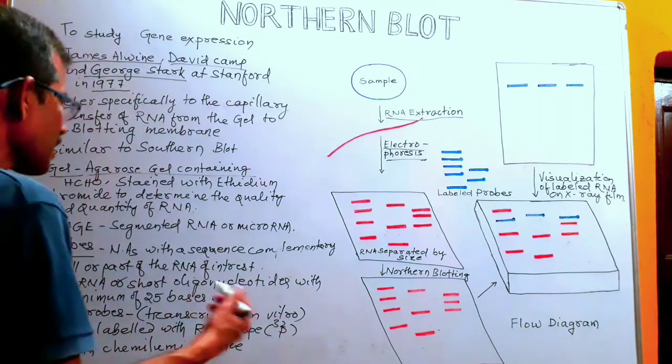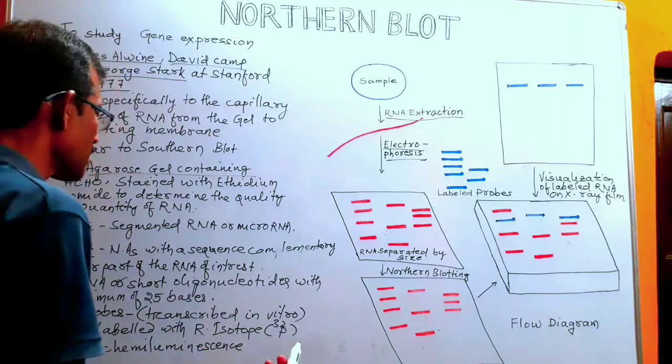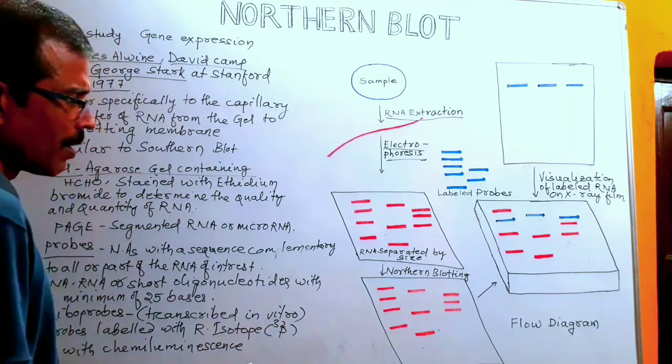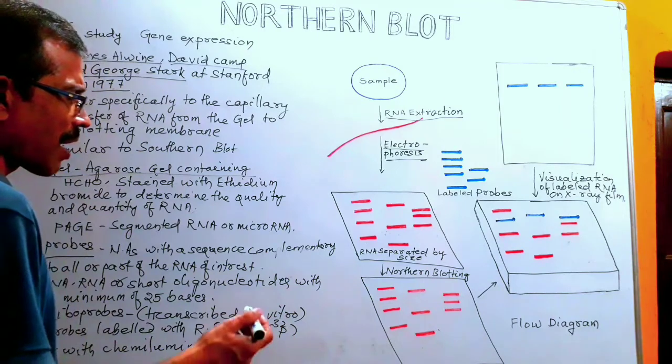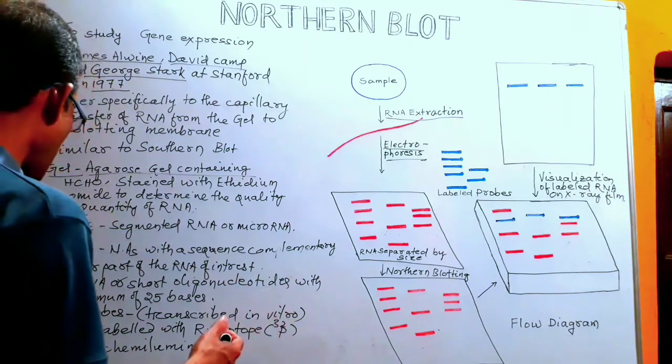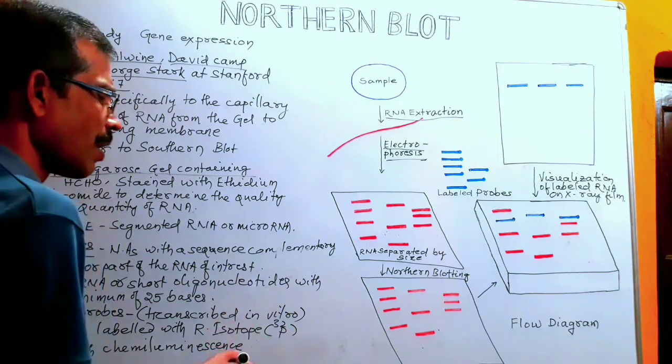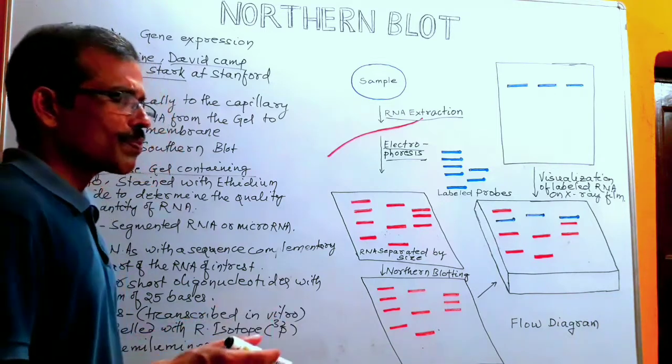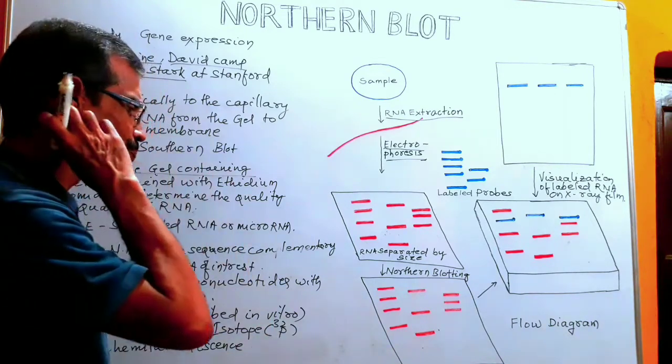There is another type of probes known as riboprobes. Riboprobes are RNAs which are transcribed in vitro. This type of probes are called as riboprobes.